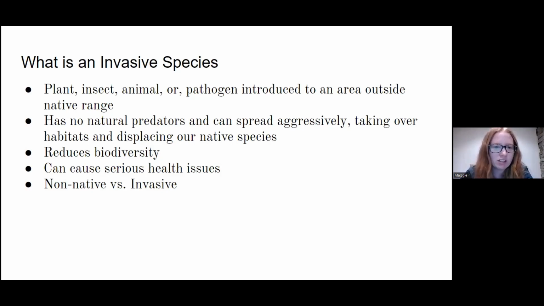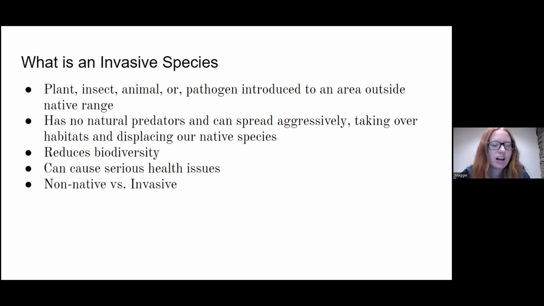They're very aggressive and they have no natural predators, which allows them to take over habitats, and they can displace native species and reduce biodiversity. Some of them can cause serious health issues as well. For example, it's pretty well known that poison parsnip, as well as giant hogweed, can cause skin rashes and irritation.